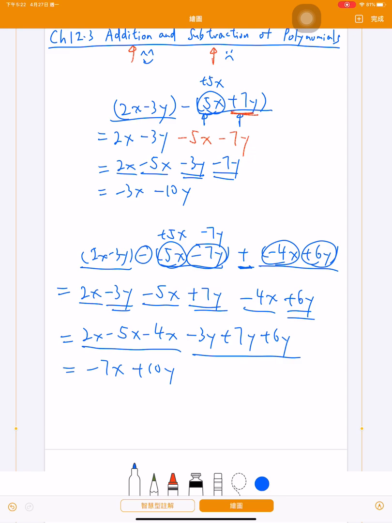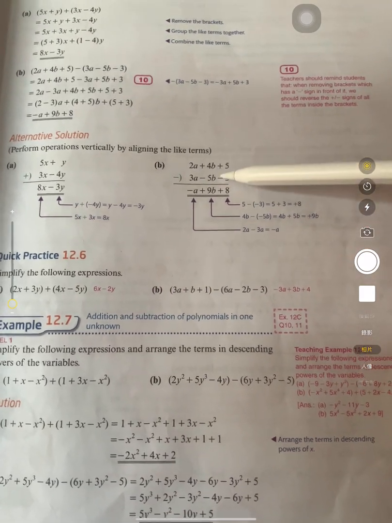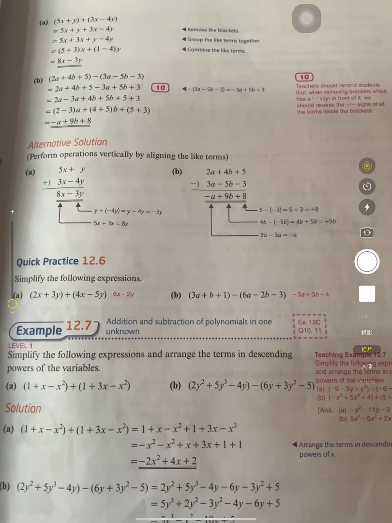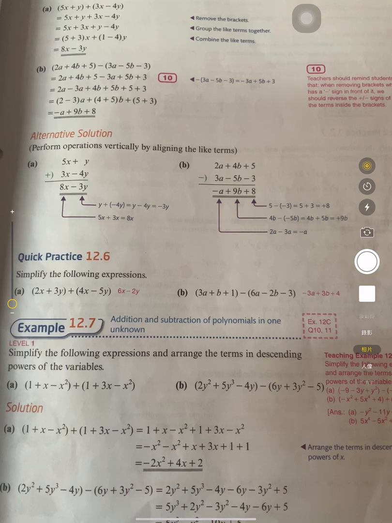And then this session also teach you a method how to calculate this kind of addition or subtraction of polynomials by using vertical operation, right? Vertical operation, and it is in your book, page 23. Okay. You can see a vertical operation, right? And this type of vertical operation usually it is seldom to use to calculate in reality.